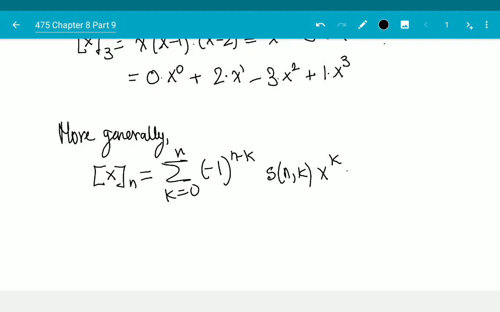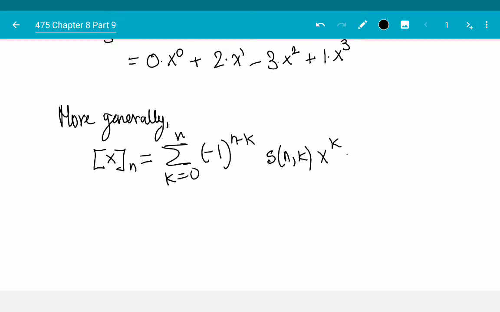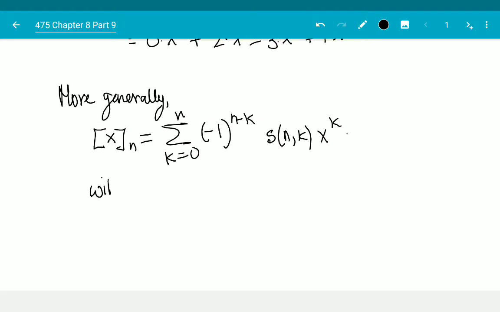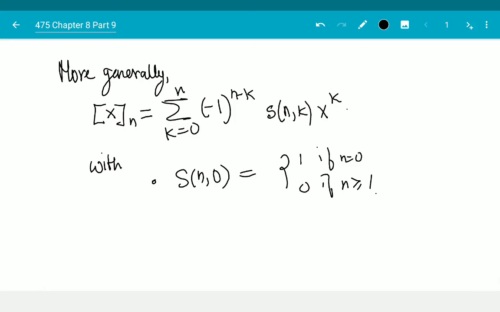You'll see why we have these negative 1 to the n minus k when I draw the figure. Observe, and I'll draw the figure. So s(n, 0) is equal to 1 if n is equal to 0, and 0 if n is greater than or equal to 1, similar to the previous case.